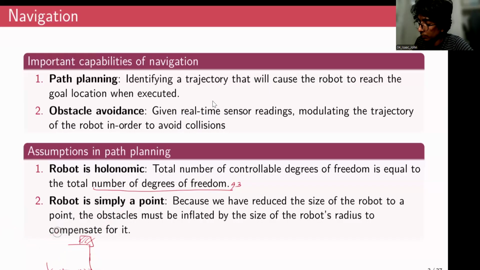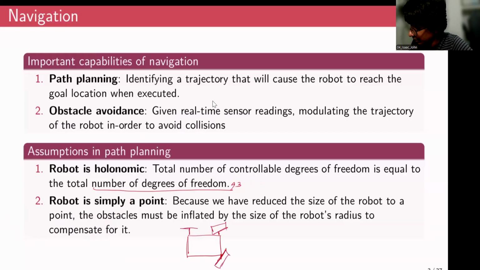But in the case of a non-holonomic robot, like a car, a four-wheel car-like structure, if I depict this as a four-wheeler, you can consider the front wheels to be steerable like so, and the rear wheels to be just passive wheels.